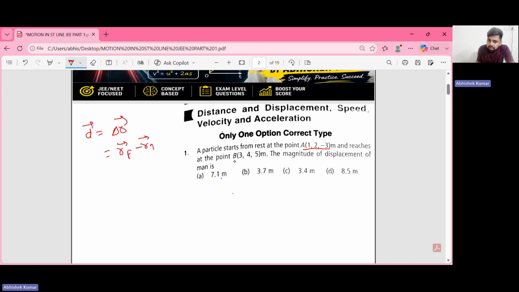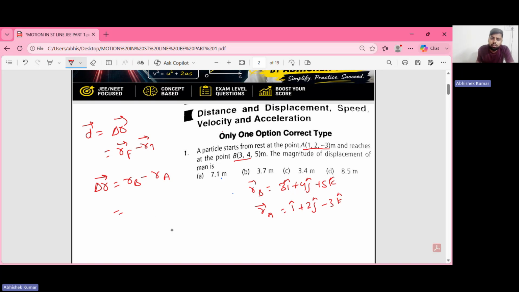So del r will be r_b minus r_a. How do we write this in vector form? r_b is 3i cap plus 4j cap plus 5k cap, and r_a is i cap plus 2j cap minus 3k cap.